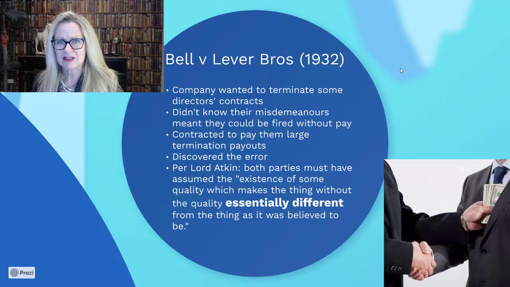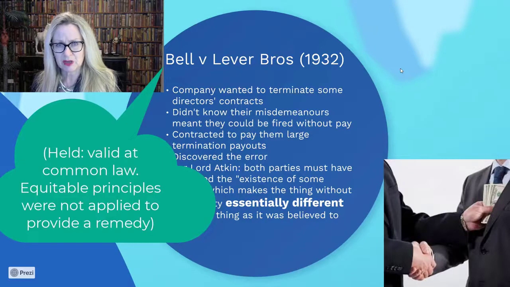And in that case, the court said, well, hang on a minute, look at what's happened here. You sought to terminate by contract these directors, and under that contract you paid them some money. The outcome was that you had severed the employment relationship. Whether you've paid the money to do that or whether you haven't, at the end of the day, that contract achieves exactly the same thing, which is you're severing the employment relationship, the director's relationship with the company.